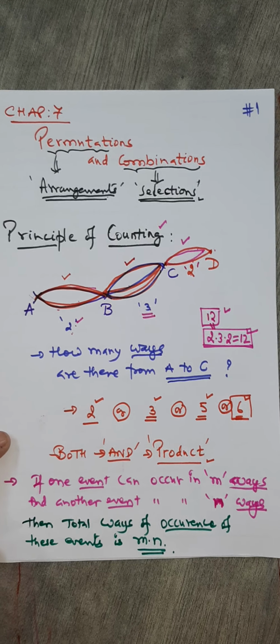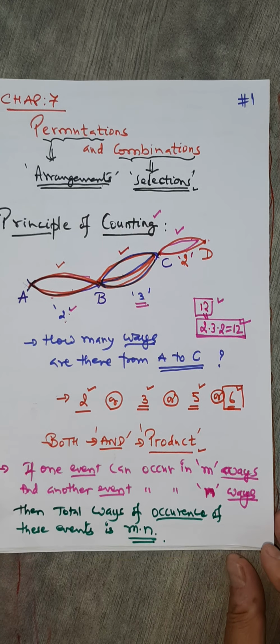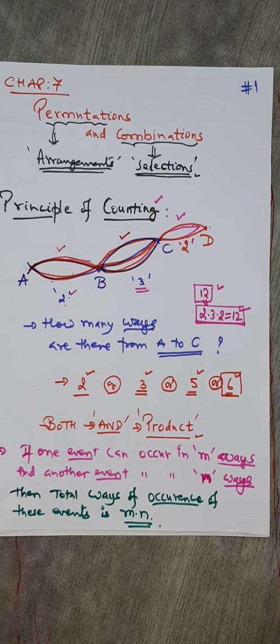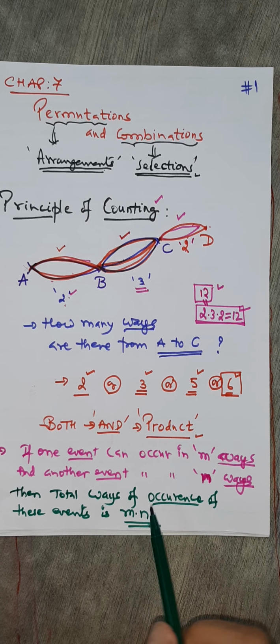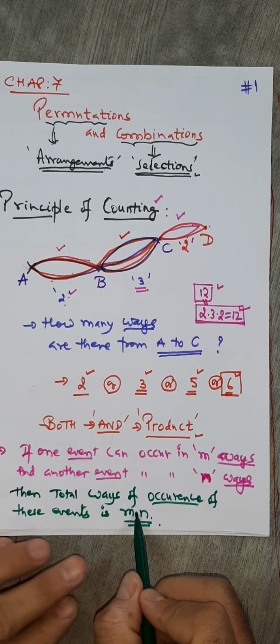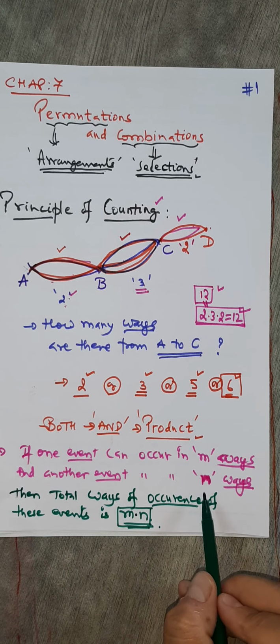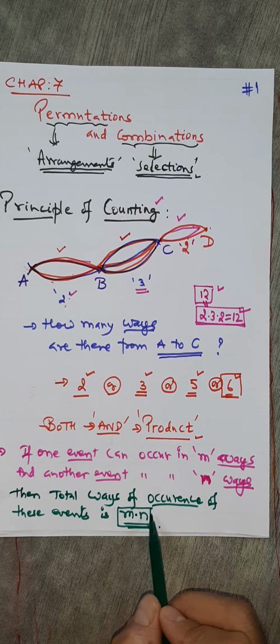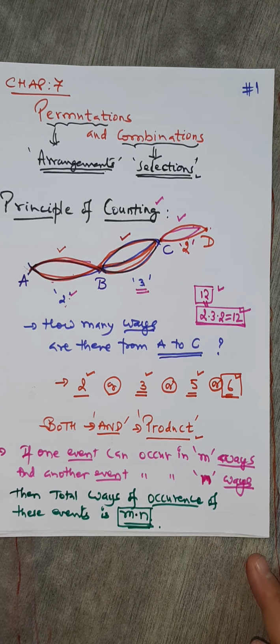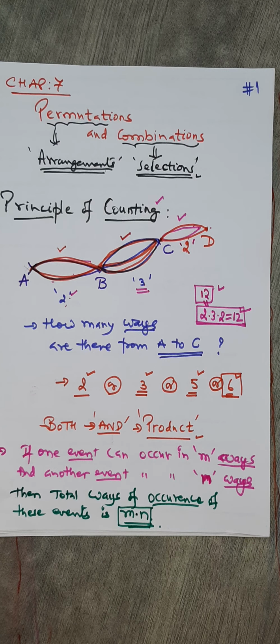The statement is not important, remember. The important thing is the concept, as I explained here in the diagram. The total number of ways of both things occurring is m into n. If I have 3 events, for example, and the third event can occur in k ways, then it is m into n into k. When you have a number of occurrences and you are asked to find the number of ways of all the events occurring together, that's given by their product.